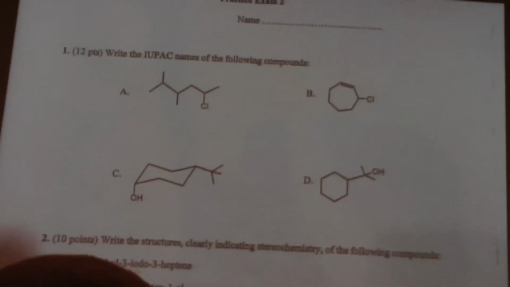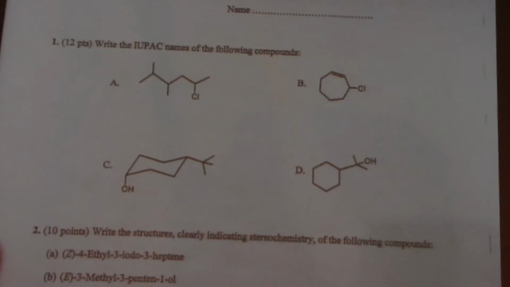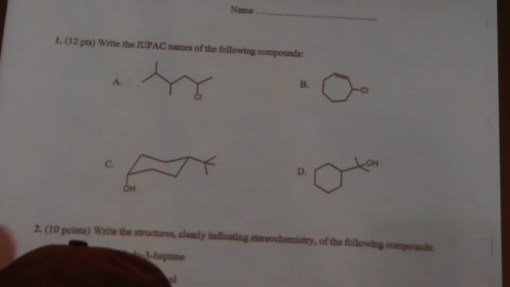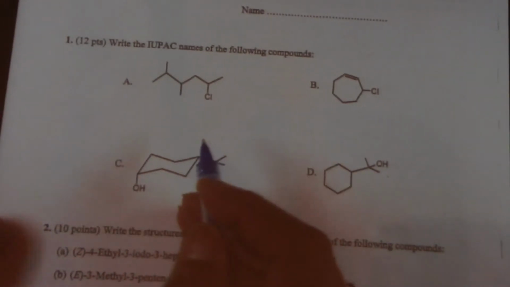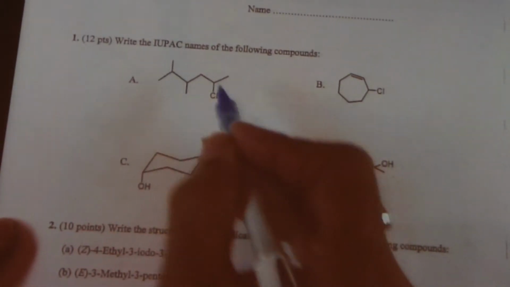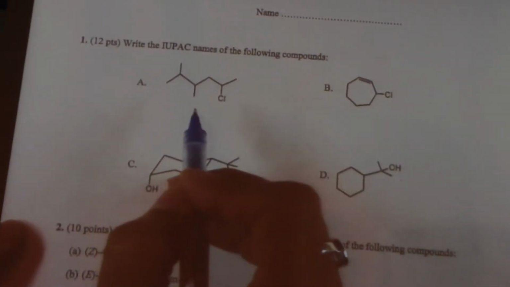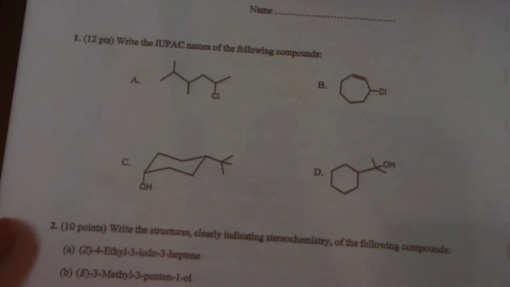All right, so the first problem is all nomenclature. As you can see, you already know that. The way we do the numbering in this case is you can go from right to left or left to right. The priority of the alkene groups and the halogens are the same.